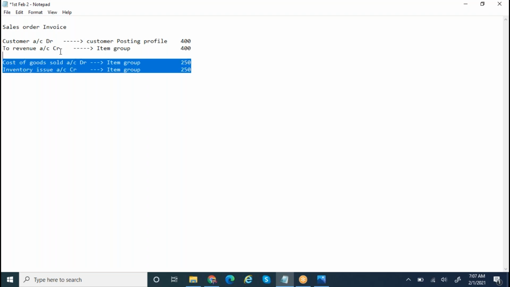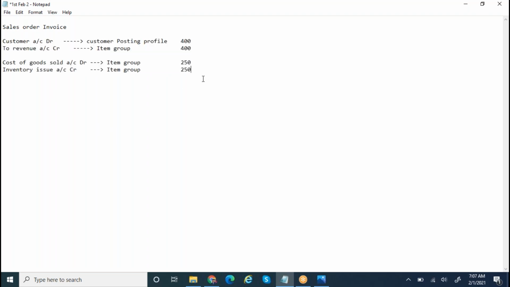And in case of purchase order, sir? In purchase order, it is only inventory receipt account data to vendor account credit.